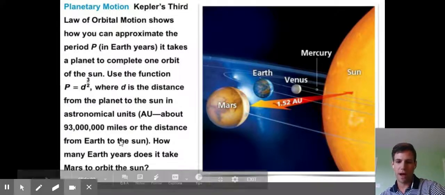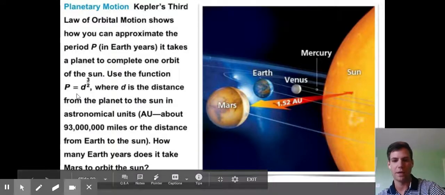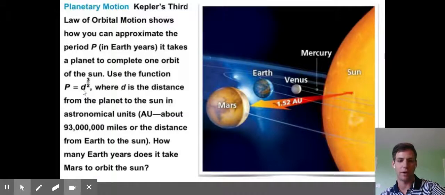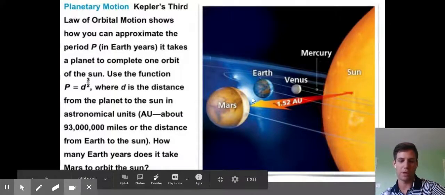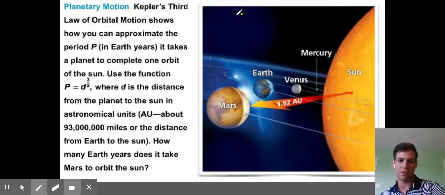So if I know I'm trying to find the period P, I need to use the D part for the astronomical units. So as an application of what we're working on here, you would take the astronomical units, which are 1.52, and you would raise that to the power of 3 halves.